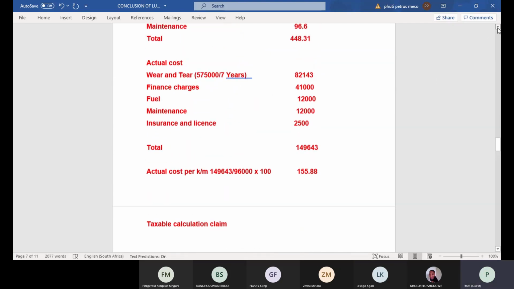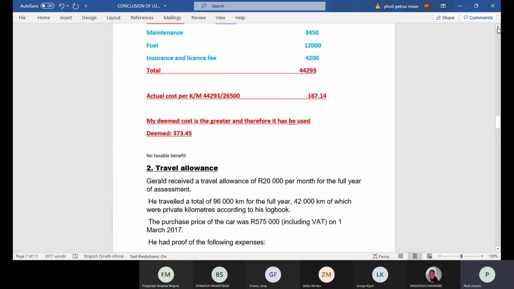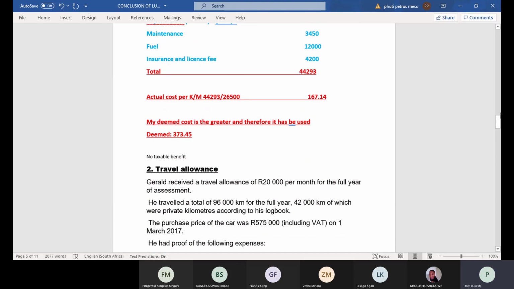How do you calculate this? Can we go back and see what we did? Okay, it's called the taxable benefit calculation.